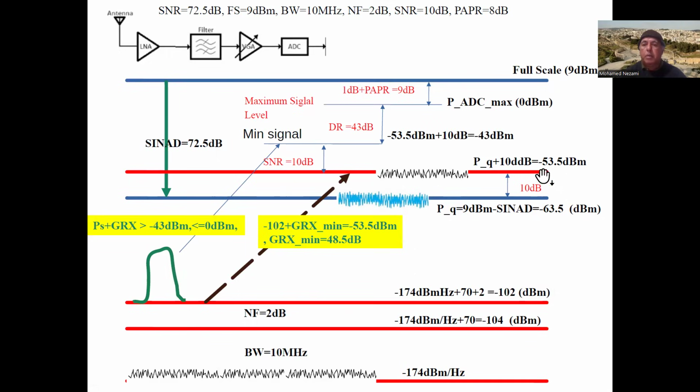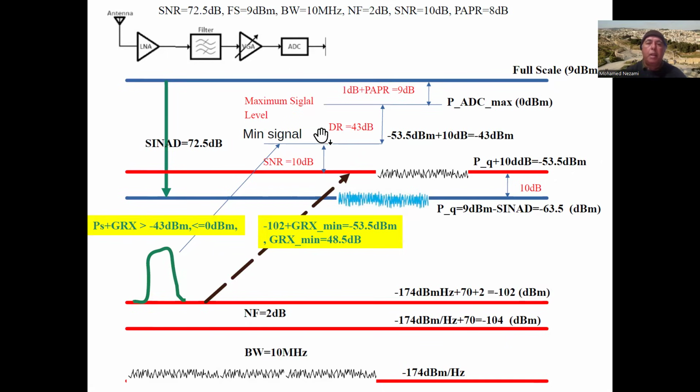So this here is where the noise floor of the entire system is, without any amplification, of course. But for a realistic signal, let's say that we have a signal in here. We need some kind of signal to noise ratio, meaning the desired signal has to be above this by a certain level. In this case, I said 10 dB. So we have to raise that by 10 dB.